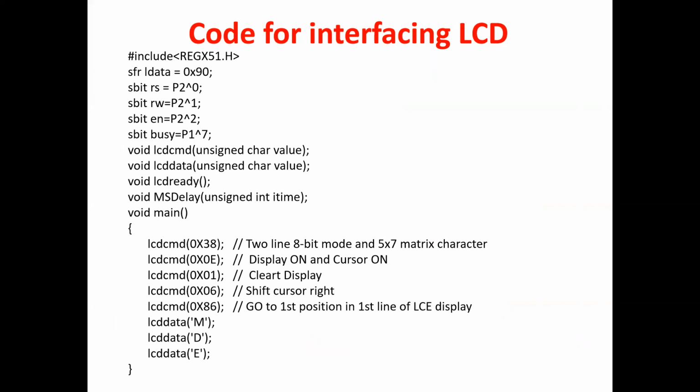LCD data is the function corresponding to data to be displayed. Whatever 38, 0E, 01, 06, 86, all this data we place on the data pins of the LCD, but nothing is going to be displayed out of these numbers. But LCD data with character M means the letter M will be displayed.